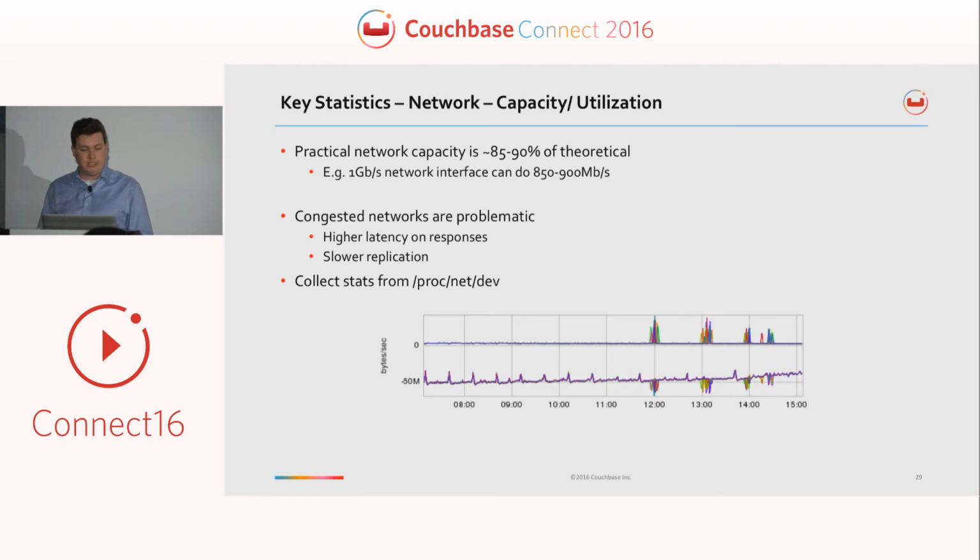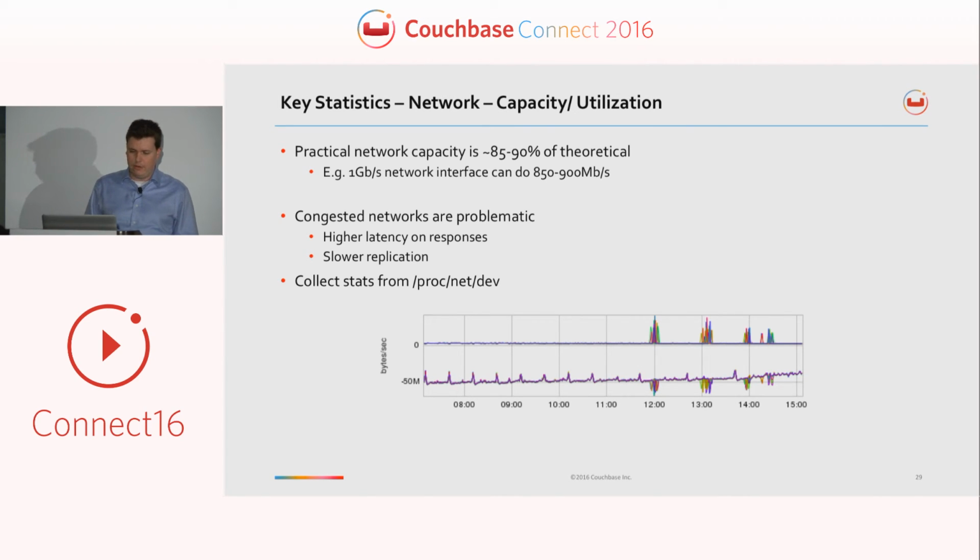Certainly, we've seen in the past, when we've had congested networks or congested interfaces, that read times become much slower. Your cache gets to a point where it's slow enough to affect your application's performance. So obviously you'll get higher latency on responses and slower replication, which may or may not be a concern.